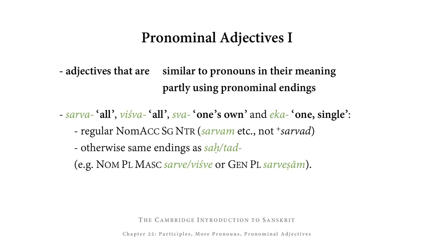These have a regular adjectival nominative accusative singular neuter, so we get sarvam, vishwam, and so on, not sarwad or vishwad. But apart from that, they have the same endings as sachtad. So for example, the nominative plural masculine is sarwe or wishwe or swe. The genitive plural would end in esham, so sarwesham, wishwesham, and so on.